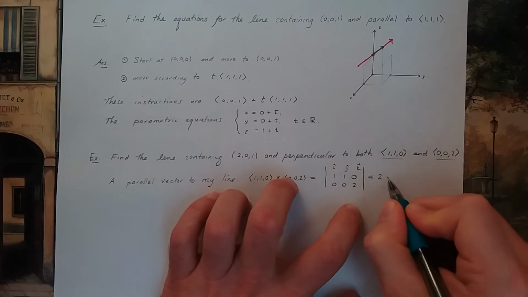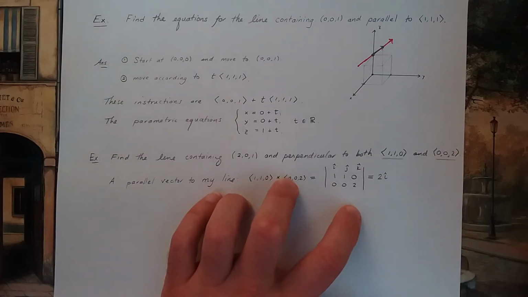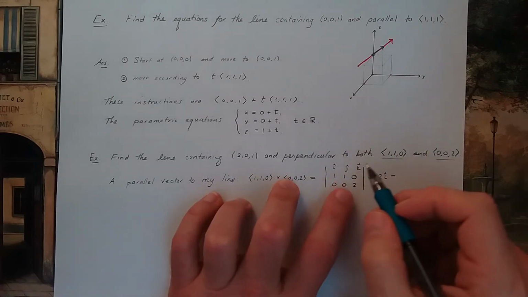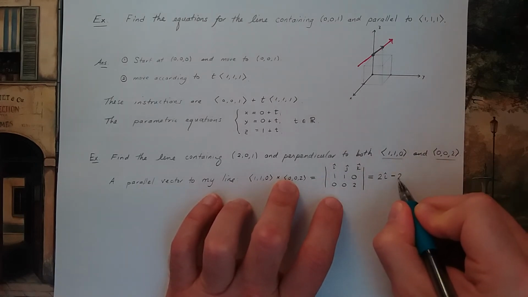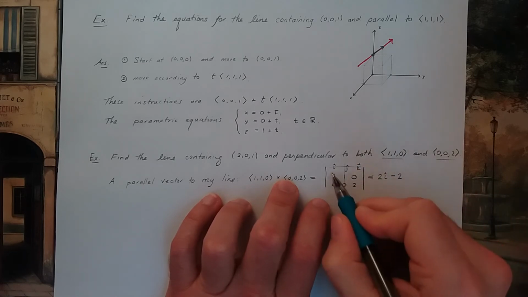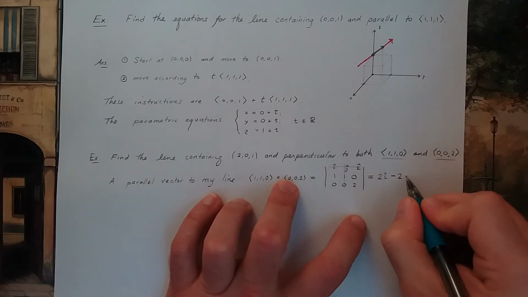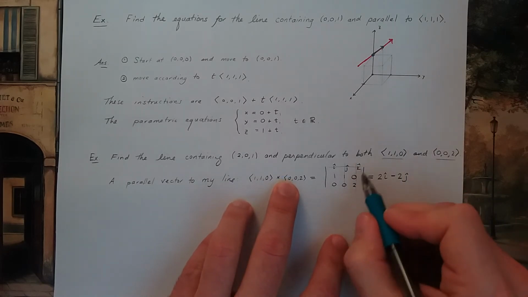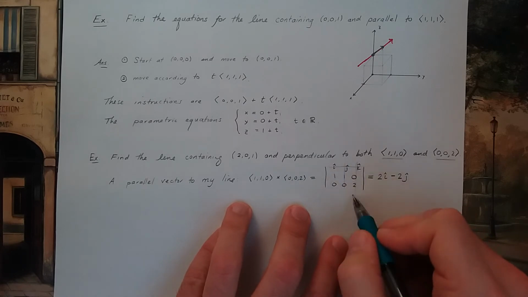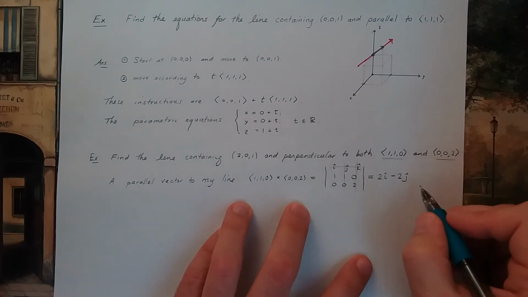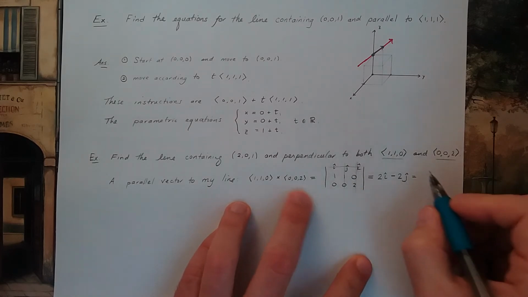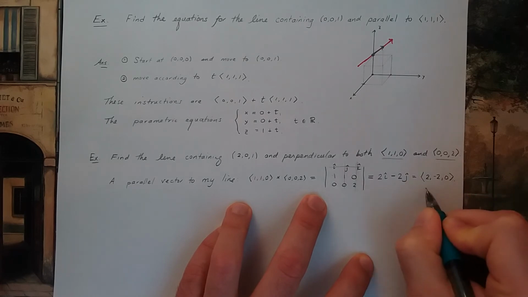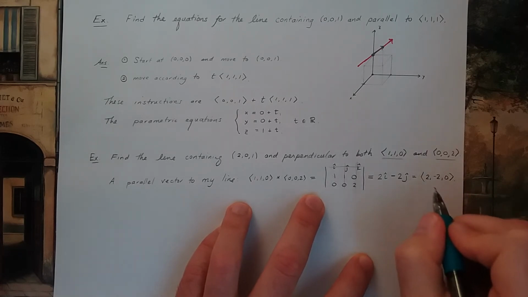That has determinant 2, so 2 i hat. There's a minus sign in the definition of the cross product when I do the middle term. So if I do the middle term, I again get 2. So cross off that row and column, I have a determinant of 2 again. So negative 2 j hat. And then lastly, if I cross off the k row and column, I have a determinant that's equaling 0. So I don't have a component in the k direction. This is the vector 2, negative 2, 0. So here is my parallel vector to the line.